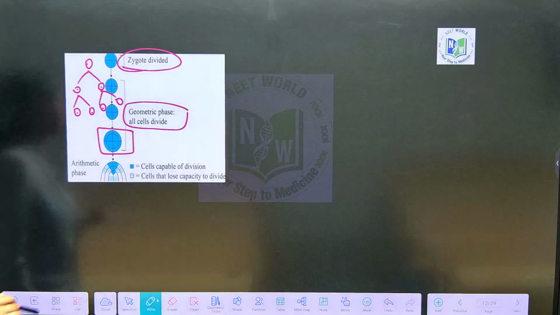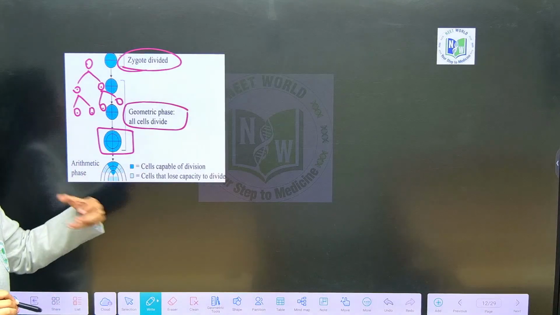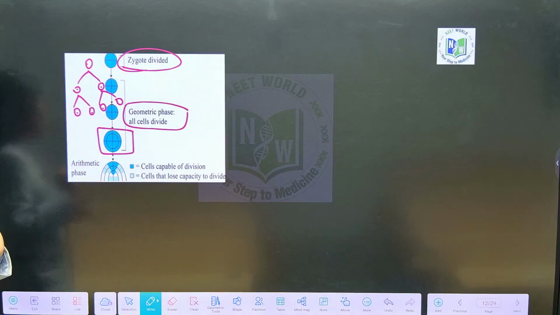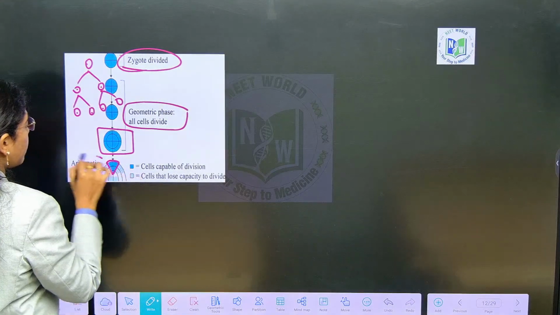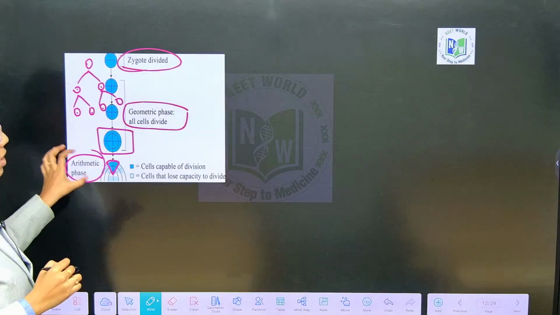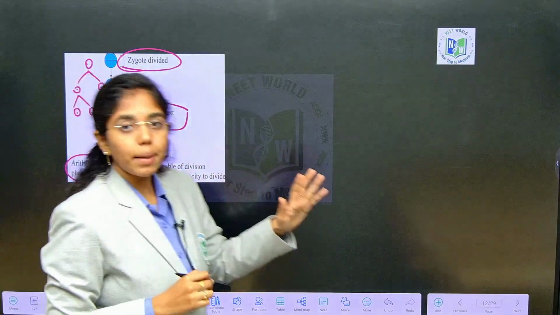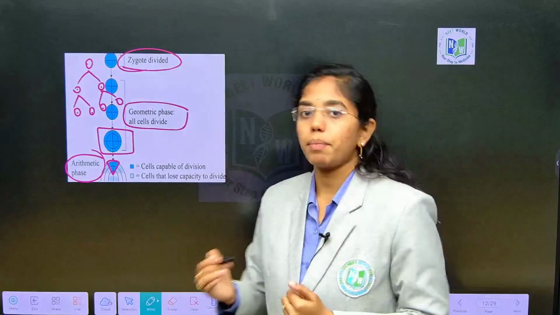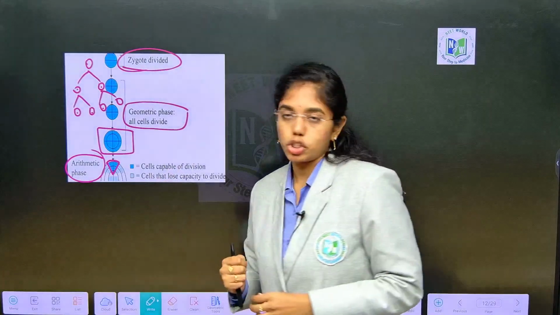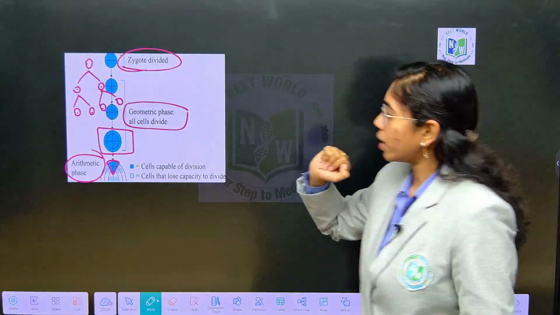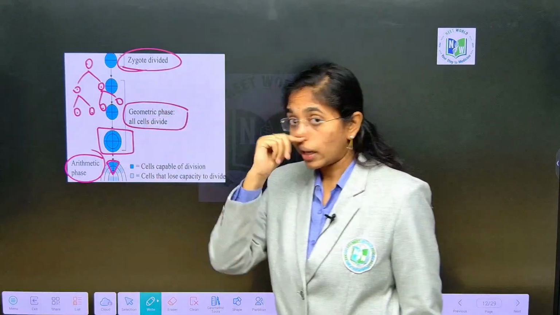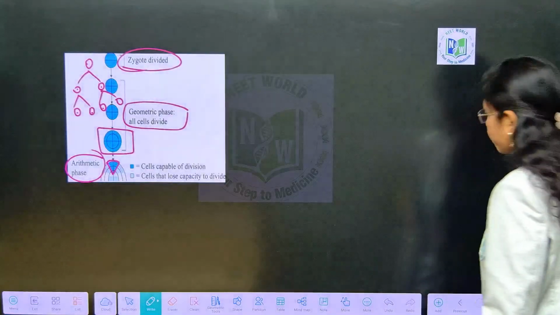Once the embryo is formed, a few cells start differentiating for organ formation. At the time of differentiation, you can see the arithmetic phase of growth, meaning a few cells will lose the capacity of division and they will gain the capacity of differentiation. Clear, right? Zygote first undergoes geometric growth and then you can see the arithmetic phase of growth.